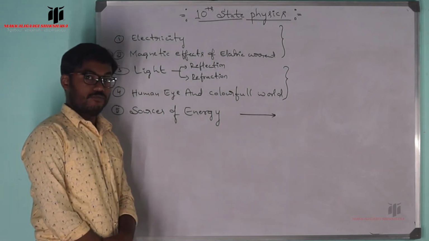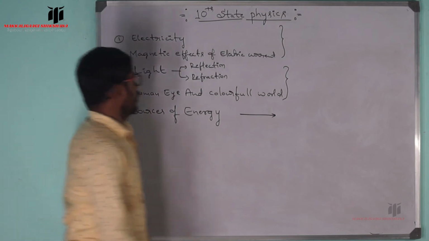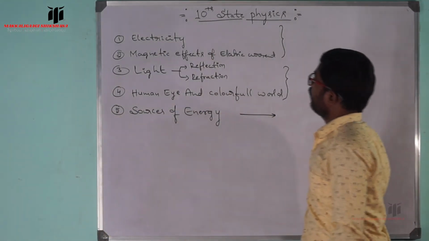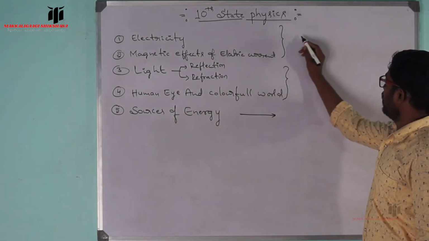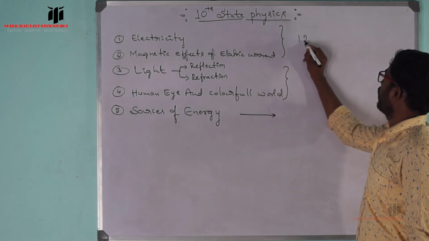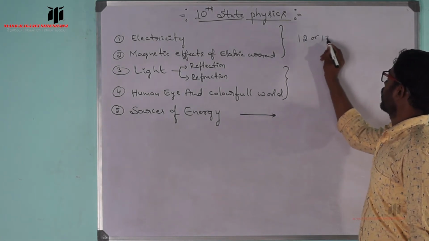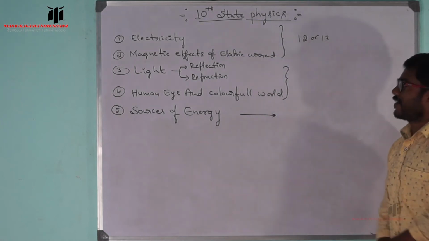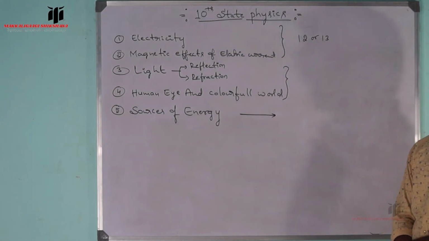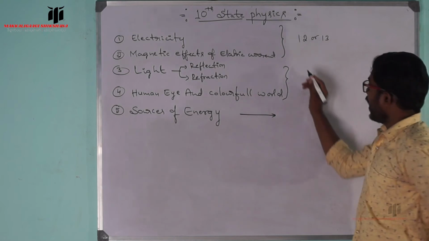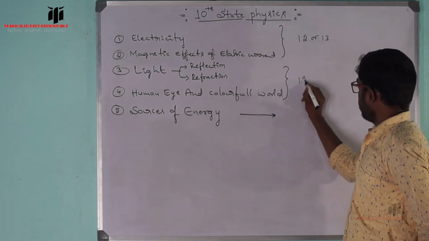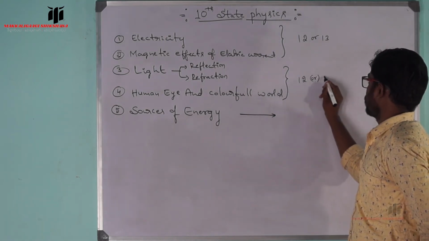Okay, so in the first theme, from these two chapters, electricity and magnetic effects of electric current, they will ask 12 or 13 marks. And from light and human eye, again 12 or 13 marks.